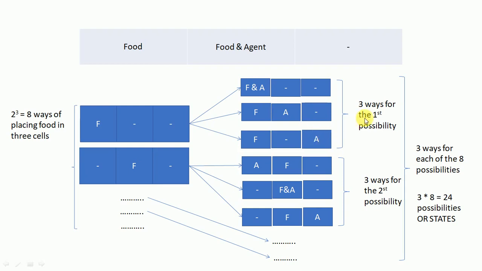So there are 3 possibilities for the first possibility. Similarly, there will be 3 more ways for the second possibility. Similarly, there will be 3 ways for each of the 8 possibilities, right? And therefore in all there will be 8 into 3, that is 24 possibilities or states.